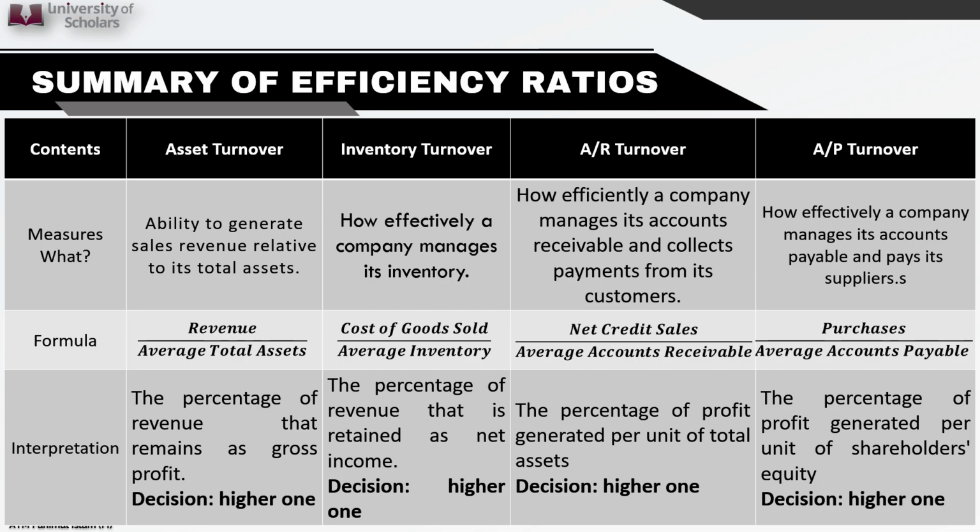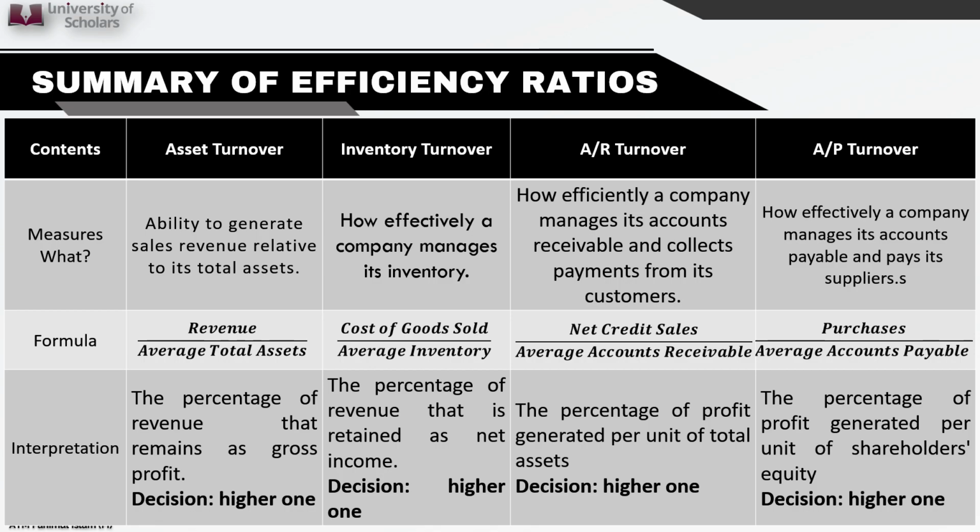Moving on to the inventory turnover ratio, which indicates how effectively a company manages its inventory. It assesses the number of times a company sells and replaces its inventory within a given period.